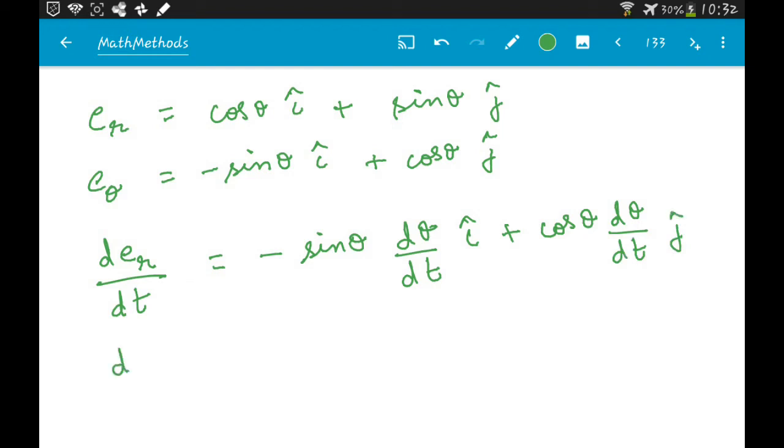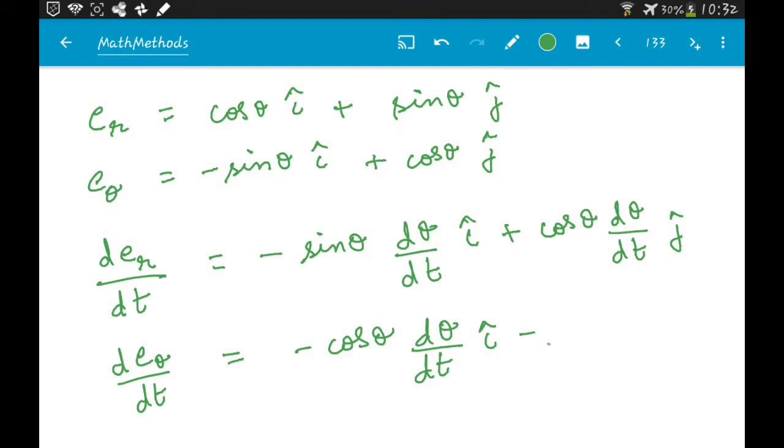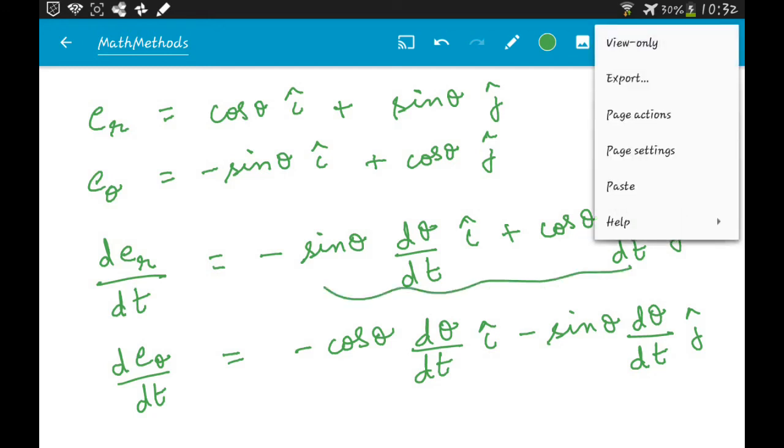Right. Similarly you can get dE theta by dt. You will get minus cos theta d theta by dt I plus minus sin theta, because differentiation of cos theta is minus sin theta, so minus sin theta d theta by dt into j. If you look at this function, this is nothing but your E theta.